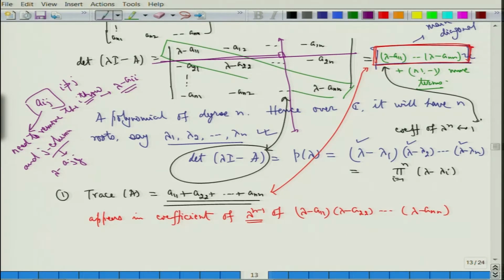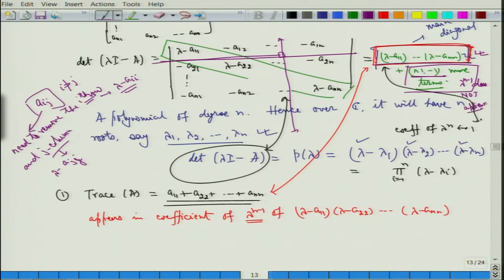This is what you have to understand. So, when I want to compute the determinant, it has n factorial terms. Out of that, there is what is called the main diagonal, and the rest are n factorial minus 1 terms. If I look at these n factorial minus 1 terms, lambda to the power n minus 1 does not appear.